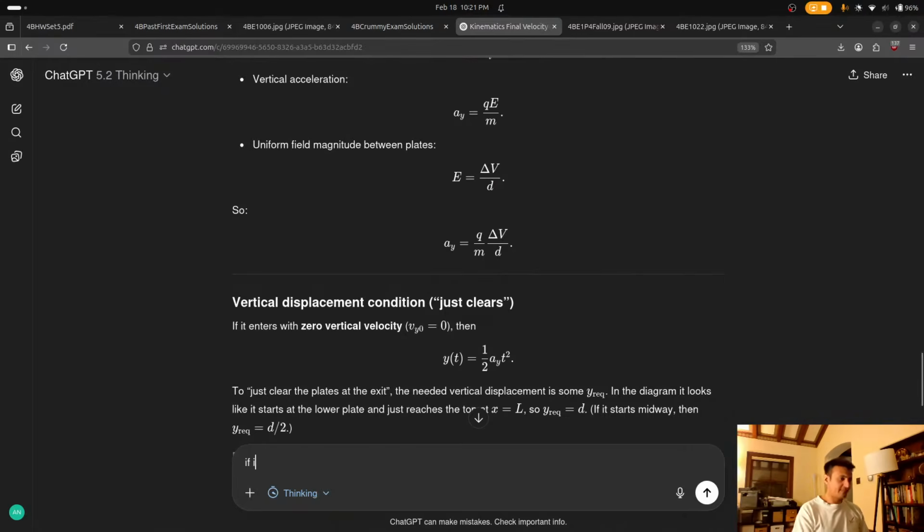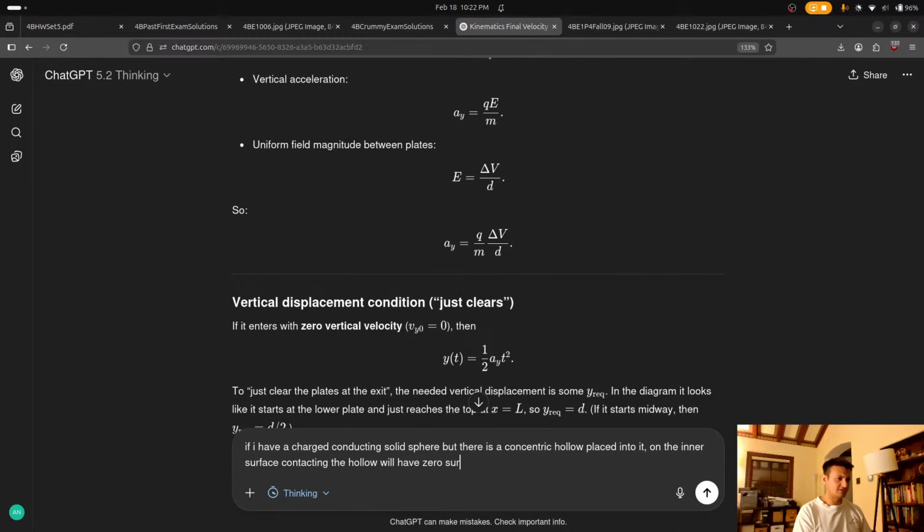If I have a charged conducting solid sphere, but there is a concentric hollow placed into it, the inner surface contacting the hollow will have 0 surface charge density, and all charge will be on the outer surface.